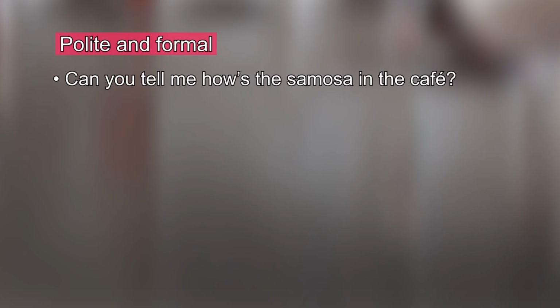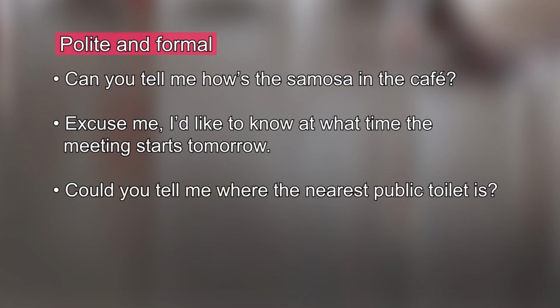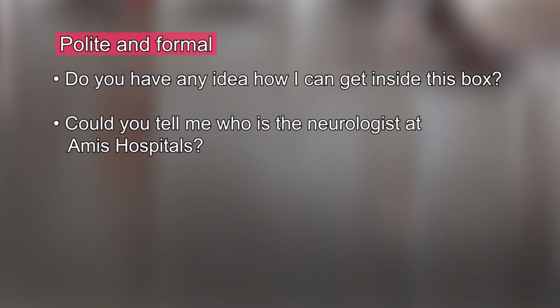Can you tell me how is the samosa in the cafe? Excuse me, I would like to know at what time the meeting starts tomorrow. Could you tell me where the nearest public toilet is? Do you have any idea how I can get inside this box? Could you tell me who is the neurologist at Amis Hospital?